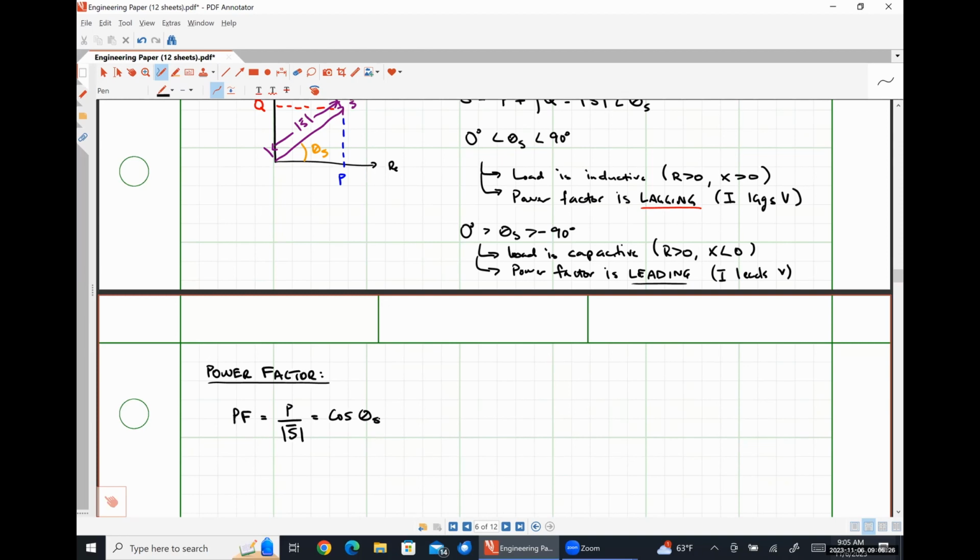You might be burning coal to generate that power. It also costs money in the form of larger conductor cables, so larger wires in your transmission lines and all that kind of stuff to handle the larger current magnitudes if the reactive portion of your power is high. So it costs money to generate that reactive power, but the electric utility does not get to charge for it because it goes right back to them. We didn't get to use it for anything useful.